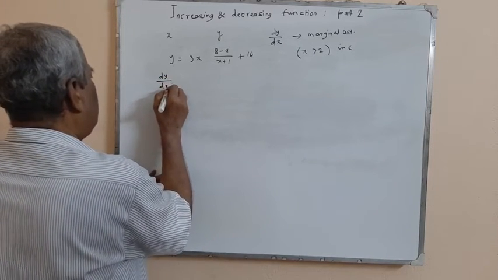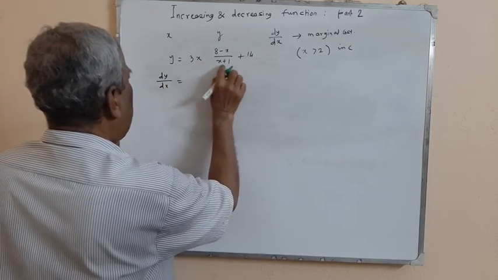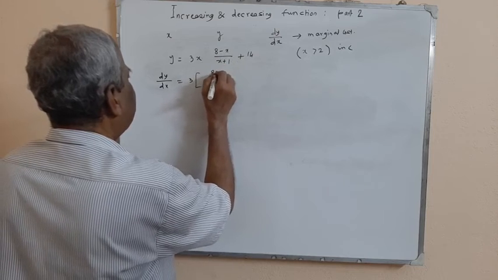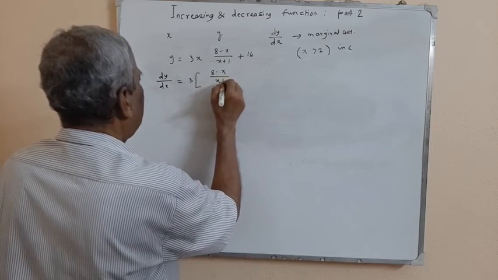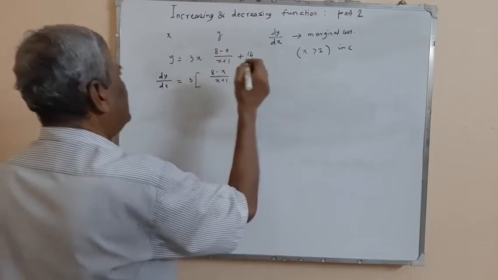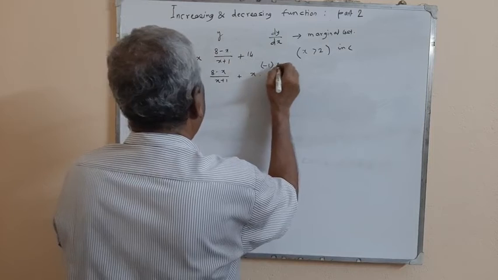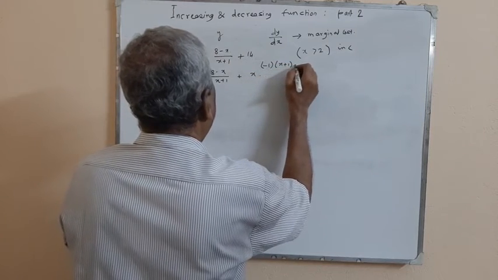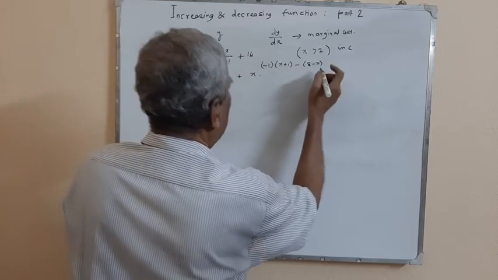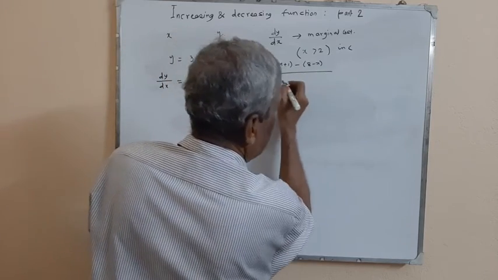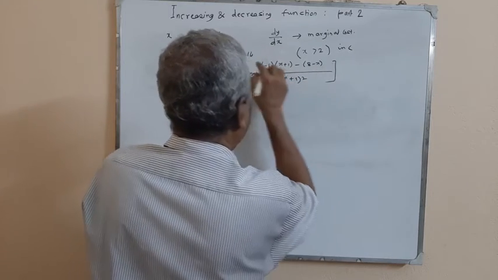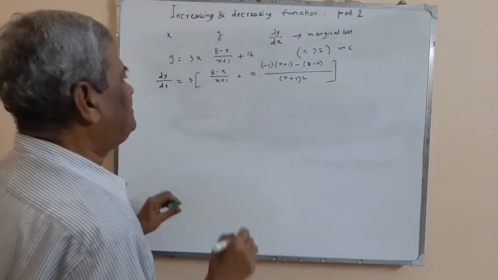Y is a product of two factors, so it is 3 into: 1 into that, plus x into the derivative of that, minus 1 into x plus 1, minus 8 minus x into the derivative of that, which is 1, divided by x plus 1 whole square, and the derivative of the constant part is 0.